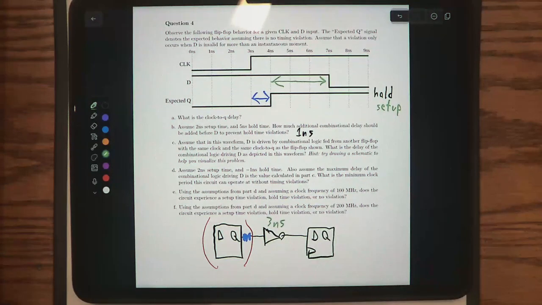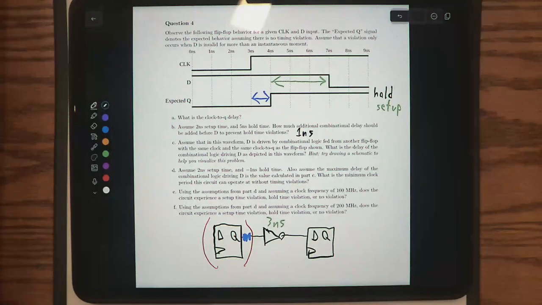Granted, you could maybe have it come out of a RAM instead, so out of a RAM into combinational logic into a flip-flop, or out of a flip-flop into combinational logic into a RAM. But you're always going to have some sort of clocked device feeding through combinational logic and then back into another clocked device. So whenever you have questions like what is the delay here, you should always assume it's coming out of another flip-flop, implicitly, like this.